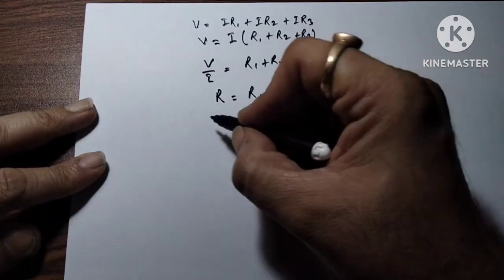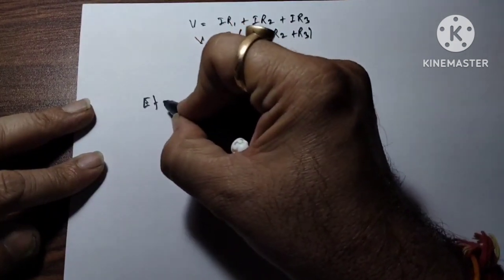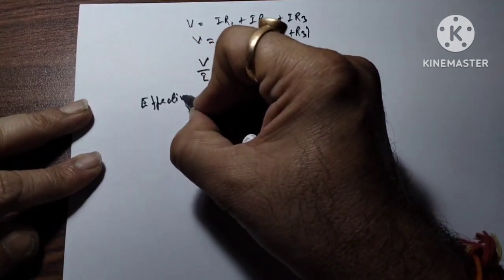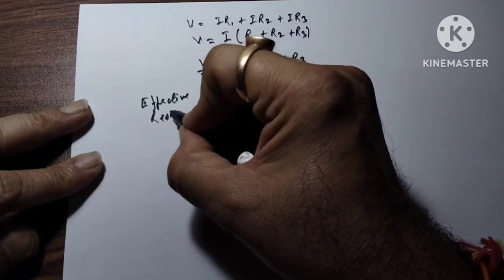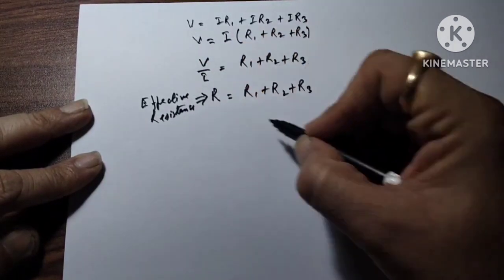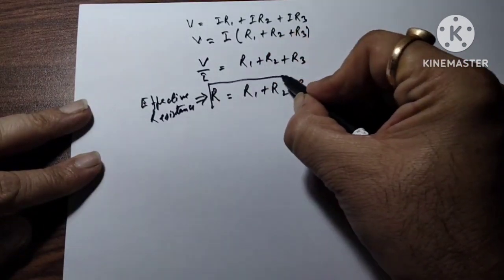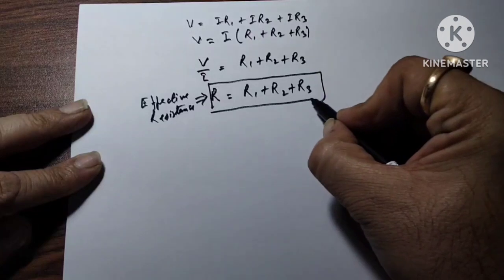This is the effective resistance R. We will get the formula R1 plus R2 plus R3.